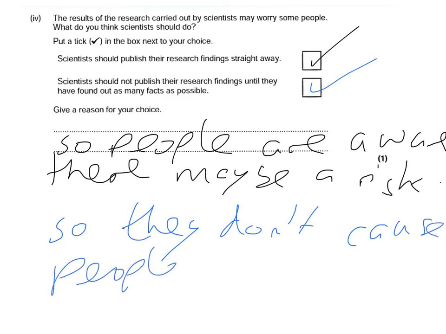The last thing you want is everyone panicking and moving away from overhead cables and moving houses when actually there's no reason for them to do that. So in this case, what you need is not a mark for getting the box ticked correctly, it's a mark for ticking the correct box with the right reasoning. And that brings us to the end of question 2.